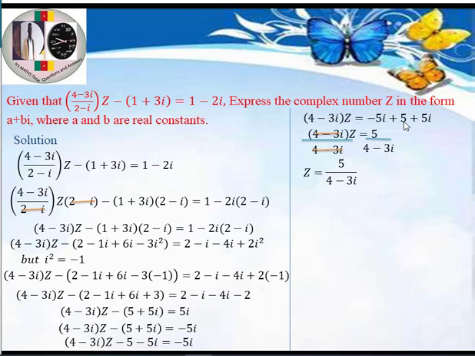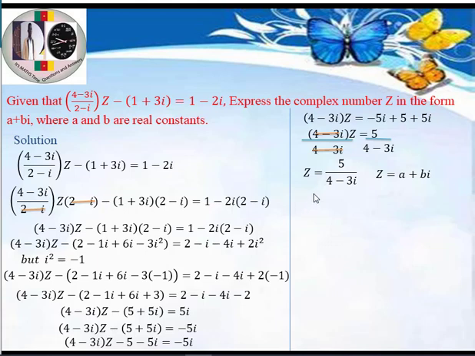But remember, we are looking for z in terms of a plus bi. So we can simplify this by first of all multiplying both the numerator and the denominator of z by the conjugate of the denominator. The conjugate is simply gotten by changing the sign between the real and the imaginary parts.